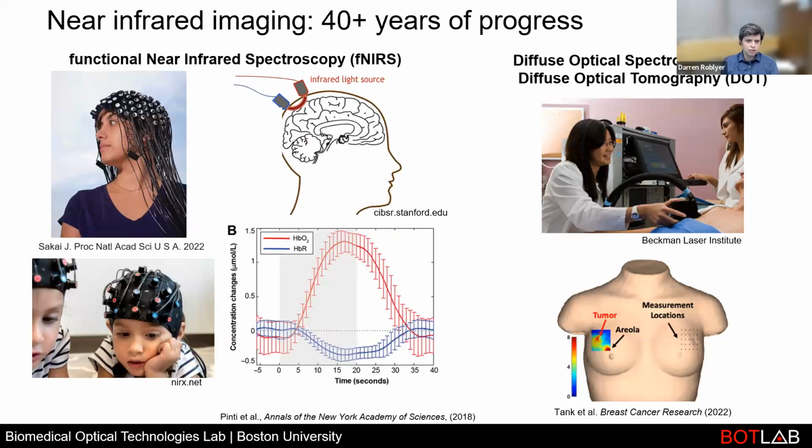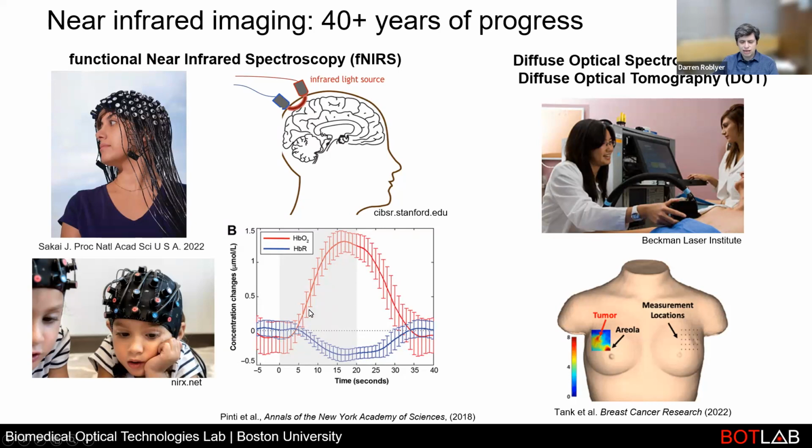So for example, functional near-infrared spectroscopy, or fNIRS, is a technique where there's an array of near-infrared light sources and detectors on the surface of the brain. And this near-infrared light, which ranges between 600 and 1,000 nanometers, can penetrate deeply in tissue in some cases, sometimes centimeters deep. So we can use this light to measure functional activation in the most superficial parts of the brain.